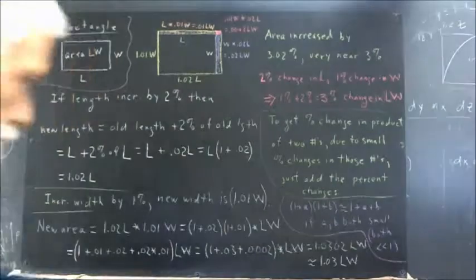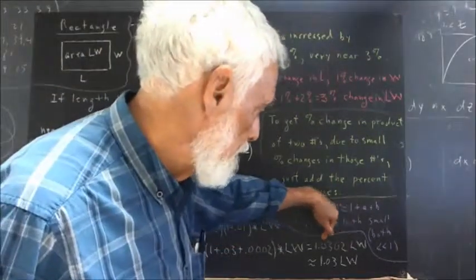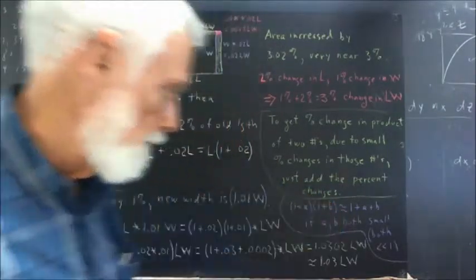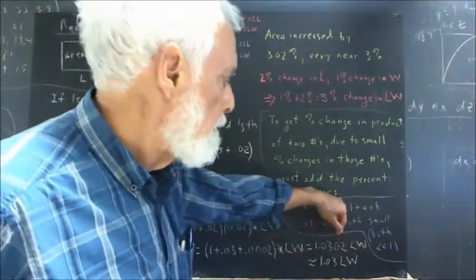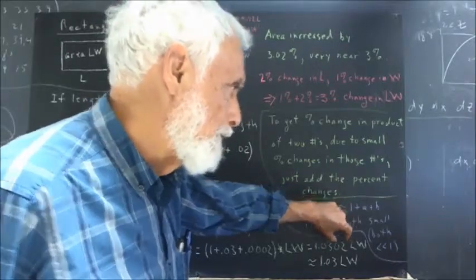You see where the 0.0002 came from, multiplying this by this. And you notice that it is much smaller than the 0.03. And then we round this off on the premise that the 0.0002 isn't worth a hill of beans. It doesn't make much difference.